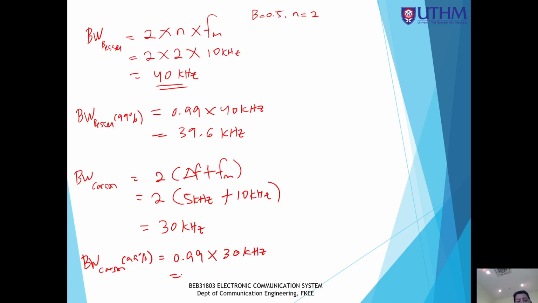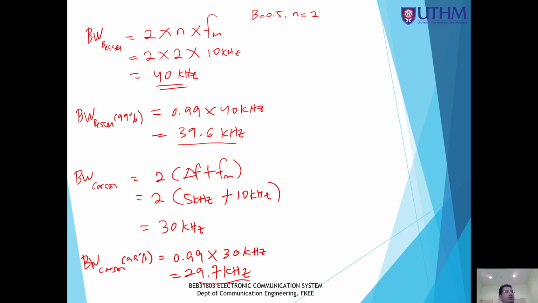So 0.99 times 30k gives 29.7 kilohertz. So this is the bandwidth 99%. We get this answer for both Bessel and Carson.